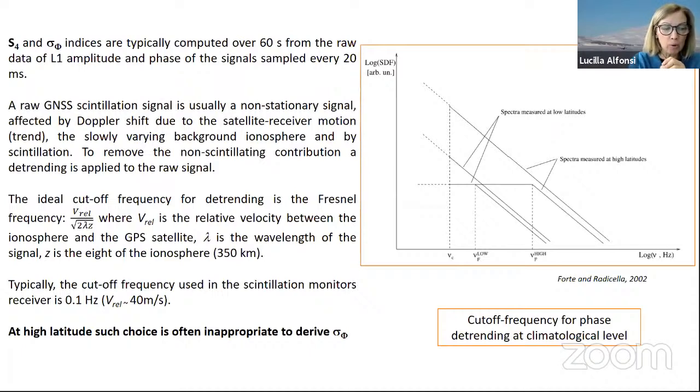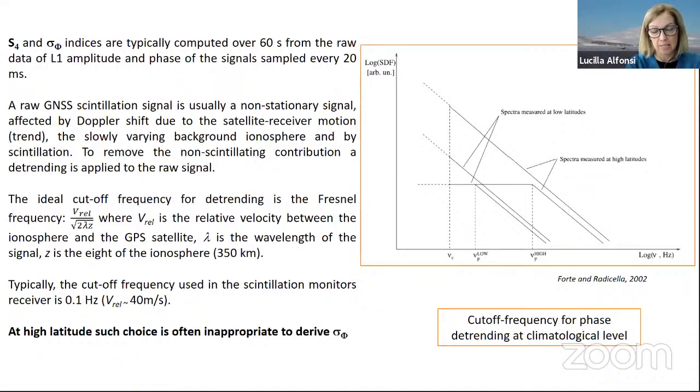The firmware of this scintillation monitor is set by default to have a cutoff frequency used for detrending at 0.1 Hertz. That means, by simple computation, that we are assuming that the velocity of the ionosphere is around 40 meters per second. But very often at high latitude, this is not the case.